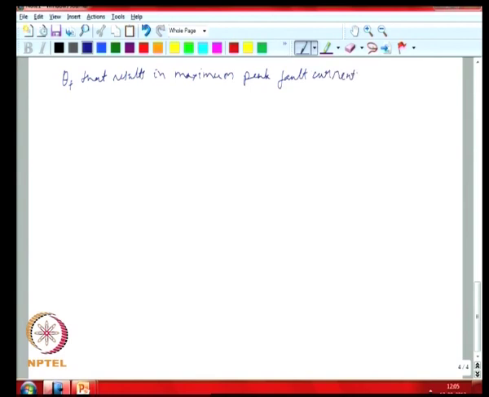If you look at the circuit, you have an RL circuit which is being excited by a sinusoid.